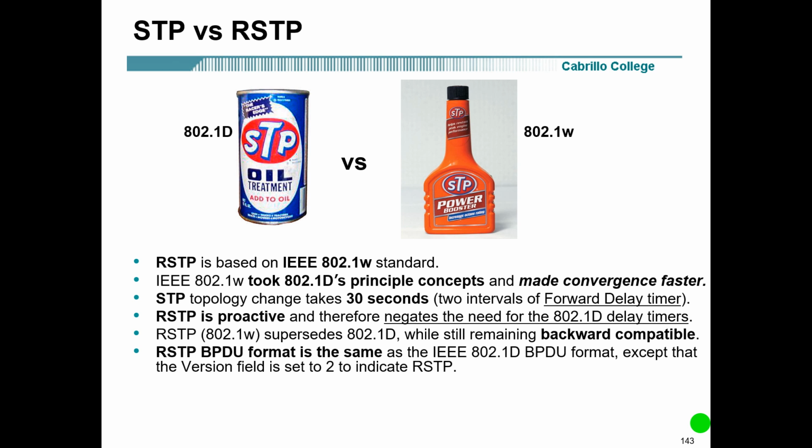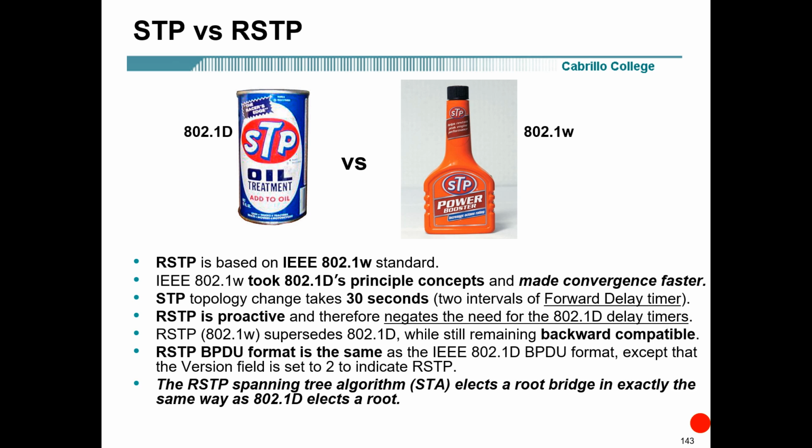RSTP BPDU format is the same, except for the version number. The RSTP spanning tree algorithm elects a root bridge in exactly the same manner. STP and RSTP also have the same port designation differences.